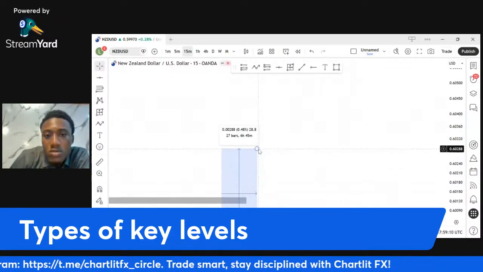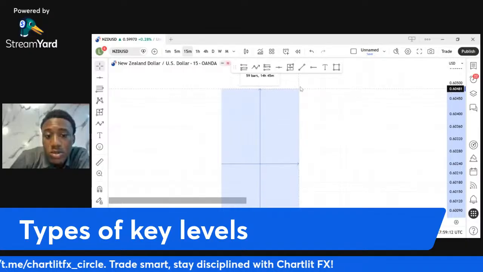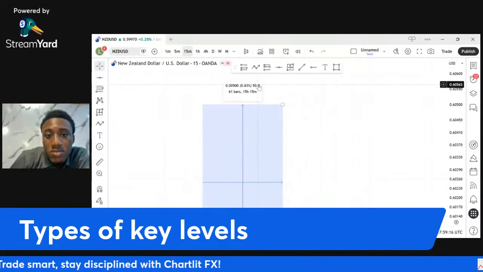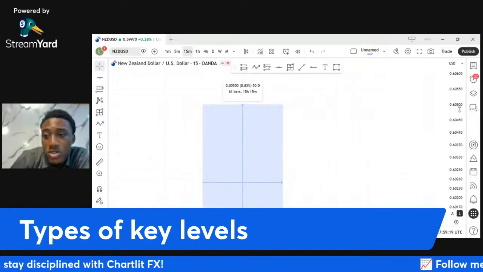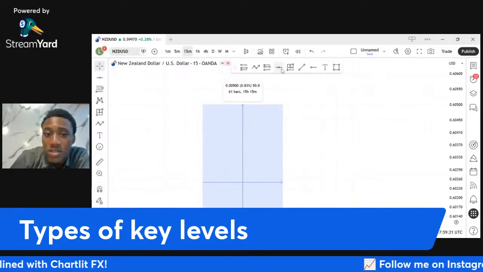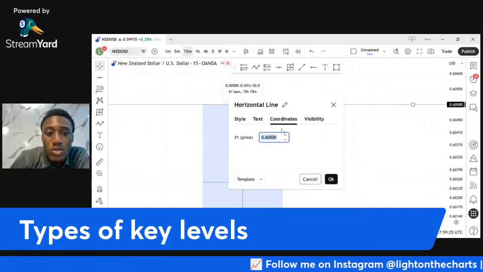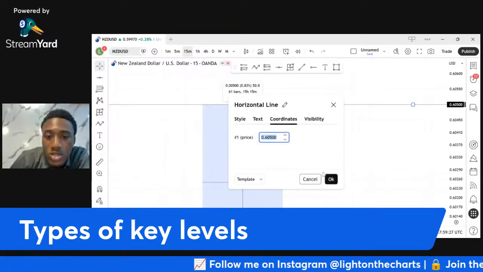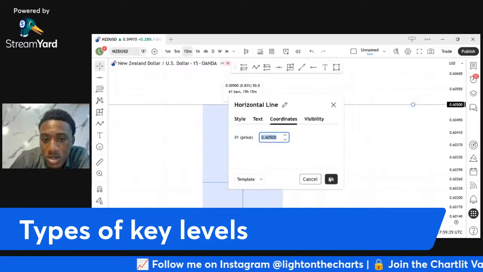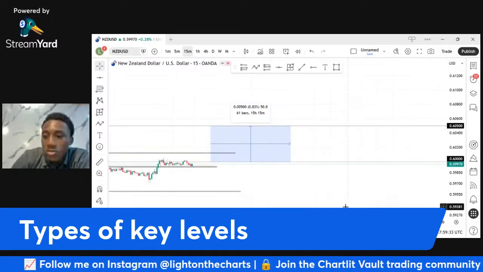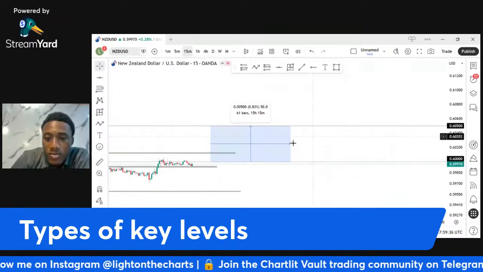You can see it's right here showing 50.00, and the next one is 0.60500. So that is the next relevant figure the banks pay attention to. You can see the distance from here to here is 50 pips.